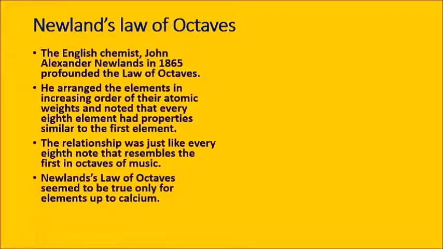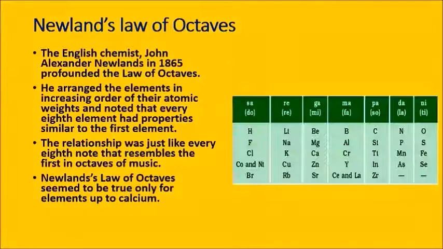Newlands' law of octaves seemed to be true only for elements up to calcium. So this was also a failure, as it was not applicable when more elements were discovered. We can see here how he arranged the elements: hydrogen, lithium, beryllium, boron, carbon, nitrogen, oxygen, fluorine, sodium, magnesium, aluminium, silicon, phosphorus, sulfur.